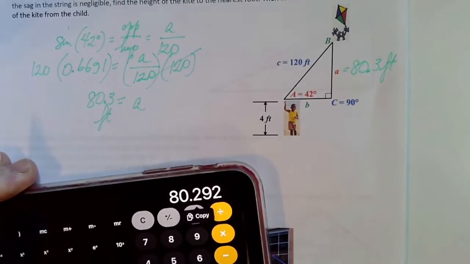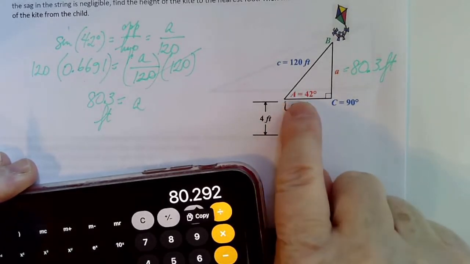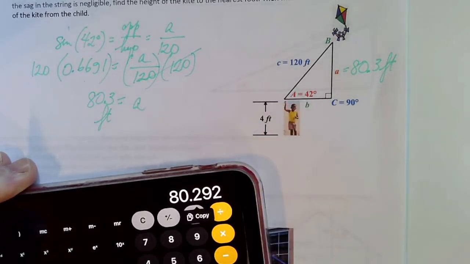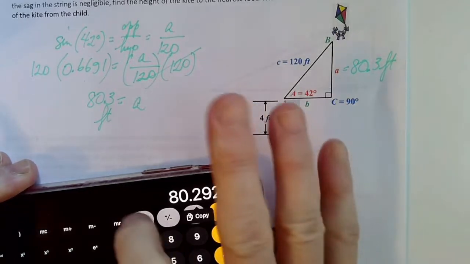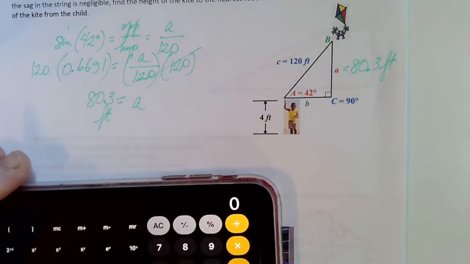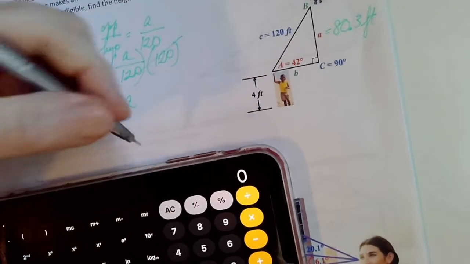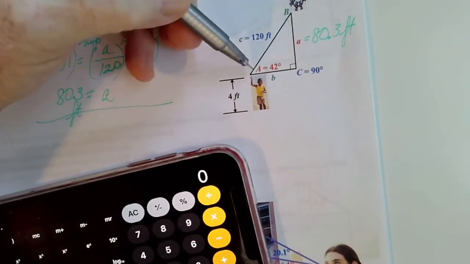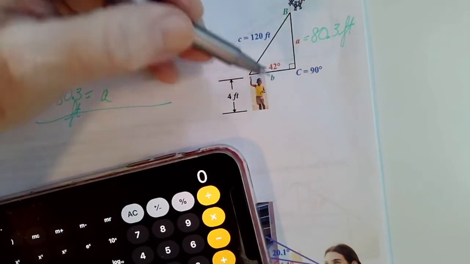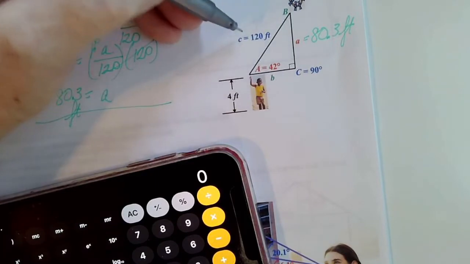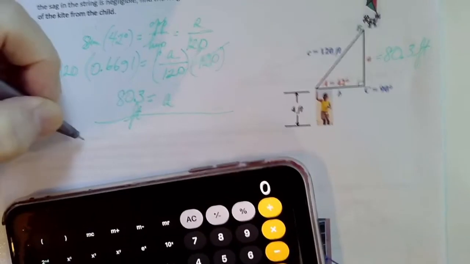I'd like to still continue to use my angle A because that was what was given. The more I use the given information, the less likely it is that some mistake I make will affect additional questions. So what trig function of A involves an adjacent side and the hypotenuse? Exactly right.